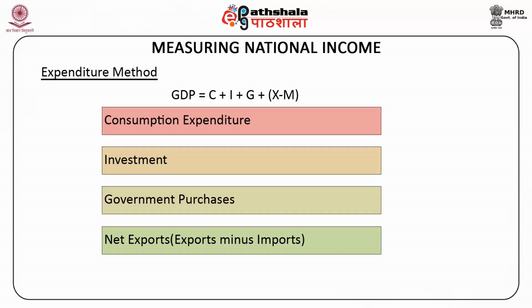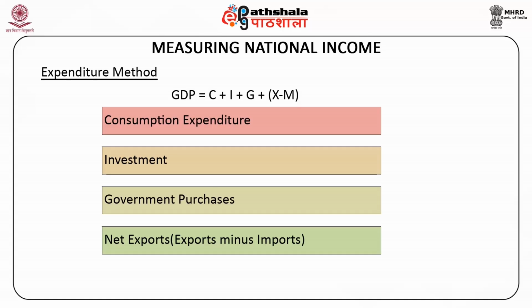Exports are currently produced goods that are purchased by the foreigners. Imports are the purchases of foreign goods made by domestic buyers and should not be counted in GDP. However, imports are included in C, I, and G. Therefore, imports are subtracted to compute the GDP.